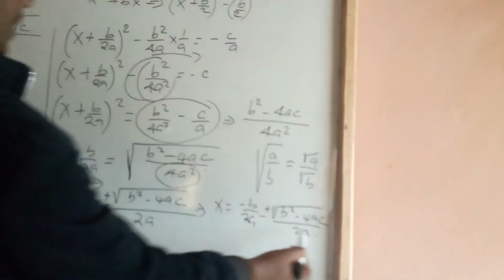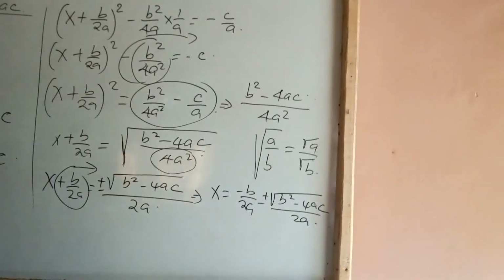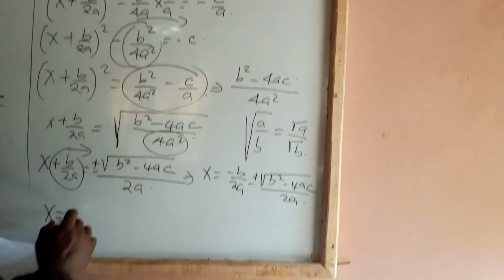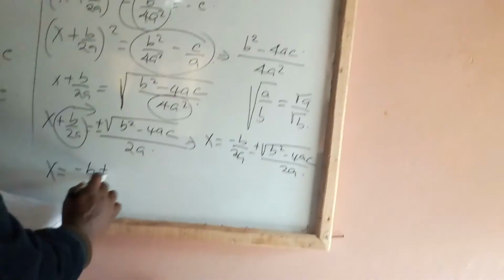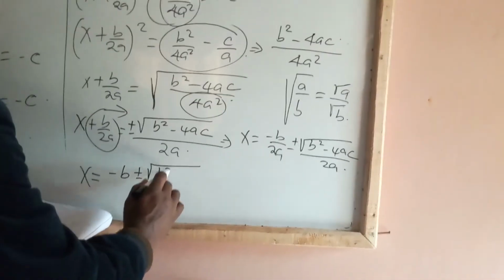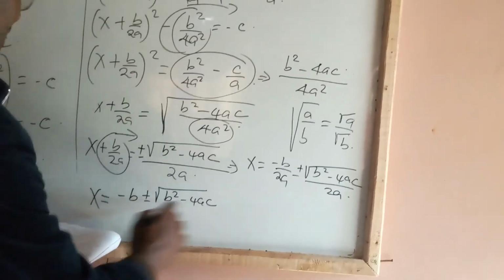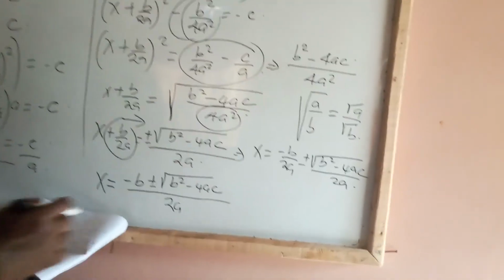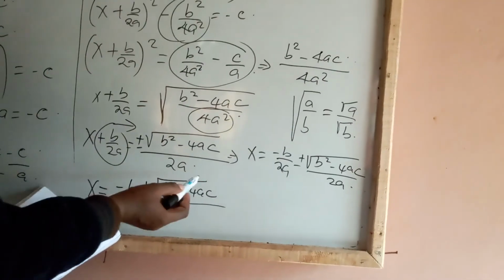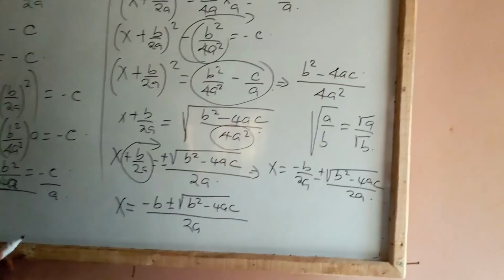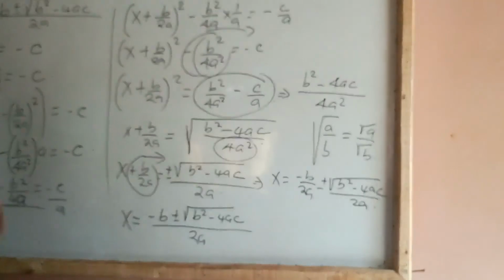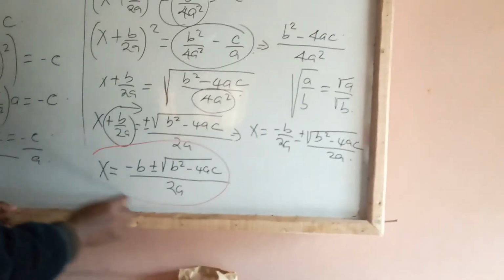And because they share the same denominator, we can easily have our x finally equal to minus b plus or minus the square root of b squared minus 4ac, the whole of the right hand side over 2a. And that now becomes the quadratic formula as we know it. So this one, as you can see, becomes the quadratic formula as we know it.